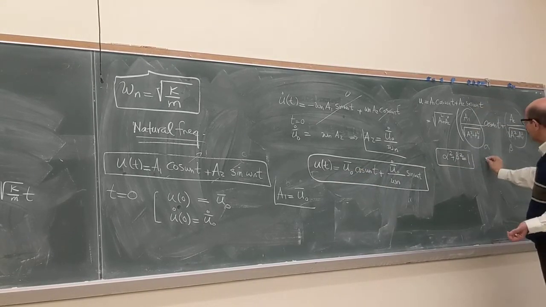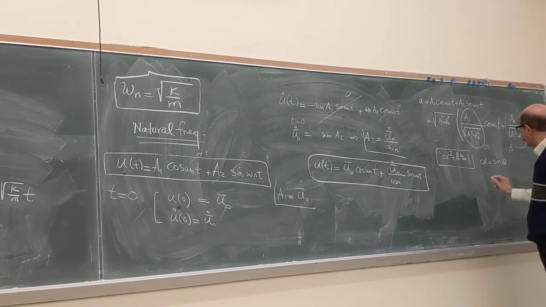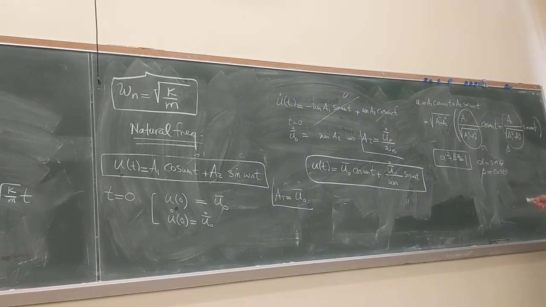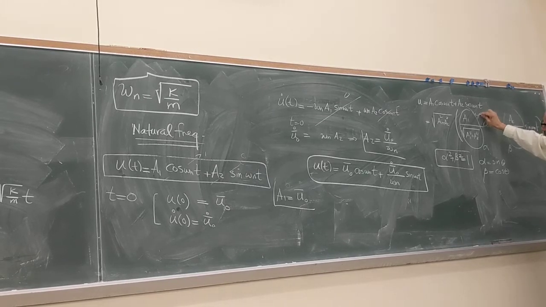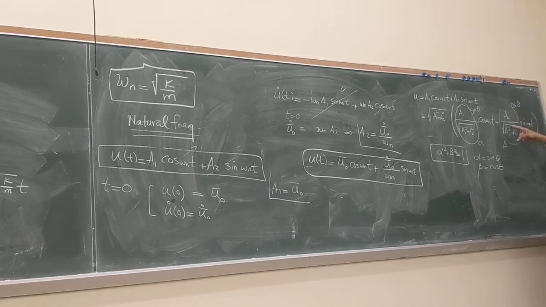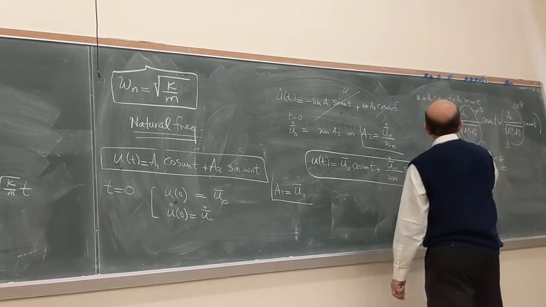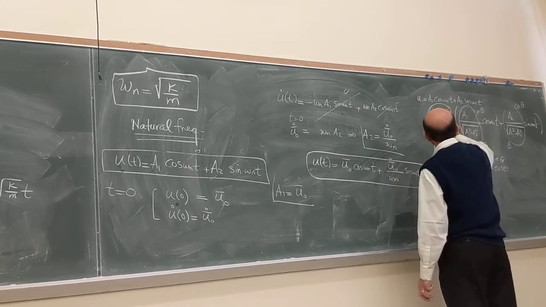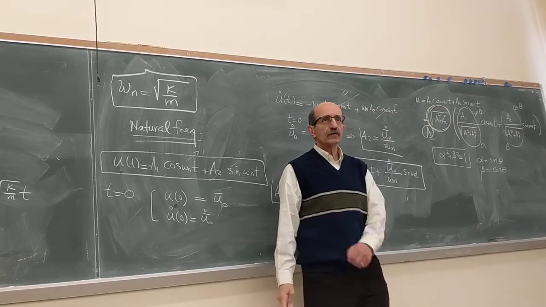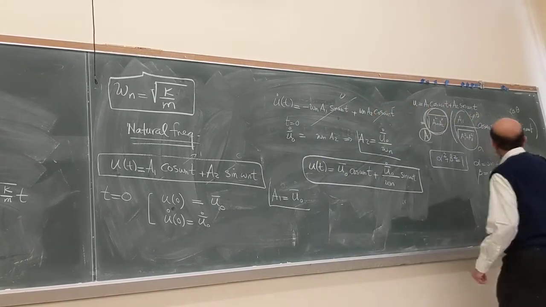So I can say that alpha is sine of some angle, and beta is the cosine of some angle. So therefore, now you have sine theta cosine omega t, cosine theta sine omega t, right? And let me call this constant A. We can find it, but let's call it A. So sine, cosine, cosine, sine.